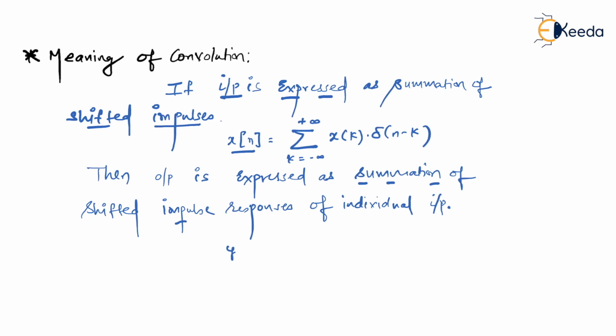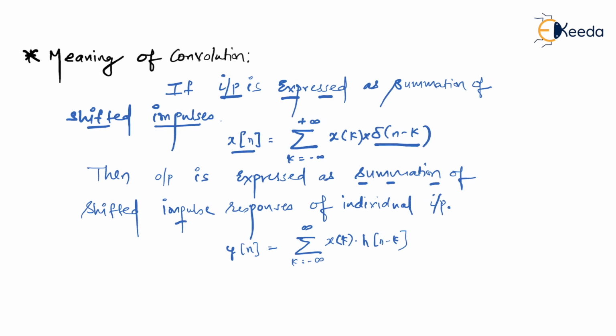Therefore, I can express my y of n as summation k varied from minus infinity to infinity. We know that if the input is del of n minus k, the output is h of n minus k. And if del of n minus k is multiplied with x of k, then the output also gets multiplied with x of k by the homogeneity property.